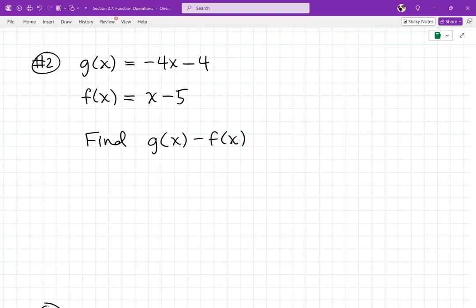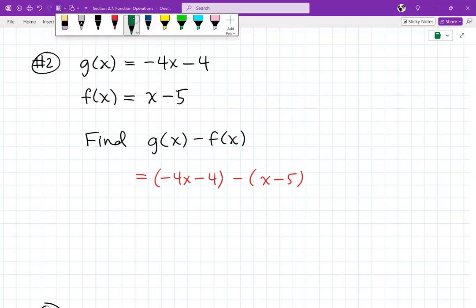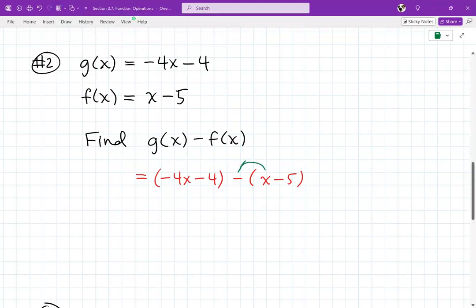So, g of x minus f of x. So g of x is negative 4x minus 4, minus f of x is x minus 5. Now here, that minus is really important. Inside of that, in between those two functions, this minus symbol is going to change signs here. That x minus 5 is going to change into a minus x plus 5, right?